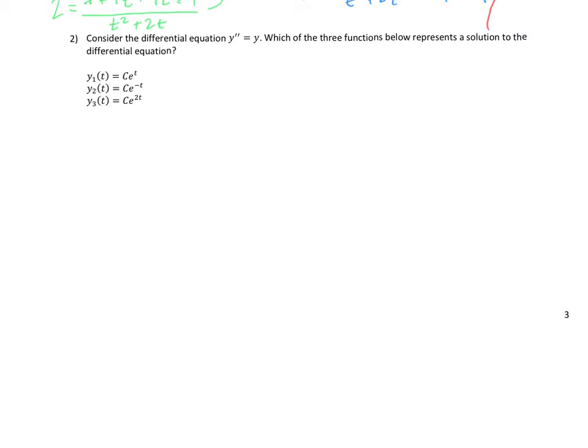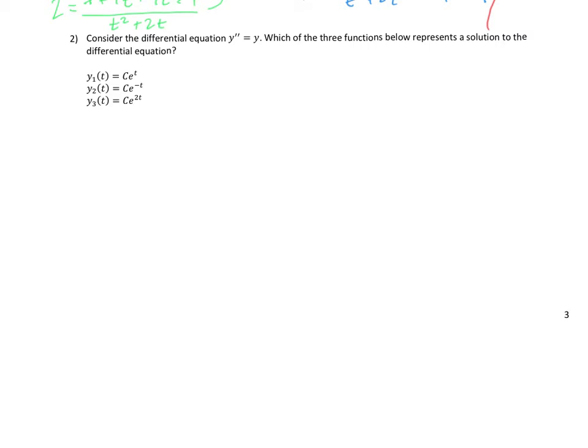So y prime is c e to the t, and y double prime is also c e to the t. So I want to check, does y double prime equal y? Replace y double prime with c e to the t, and replace y with c e to the t. Yeah, those are equal. Good. So y1 is a solution.